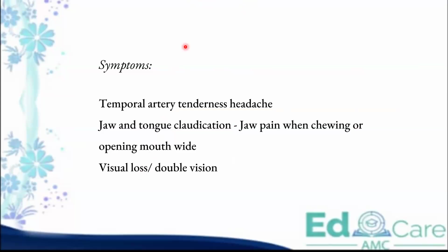One is the temporal artery tenderness and headache, jaw and tongue claudication, right? Sometimes they say there's jaw pain when chewing or opening the mouth wide. This has been in a question. They don't really mention jaw claudication straight off. They say that the patient comes with pain on chewing, right? And visual loss or double vision.